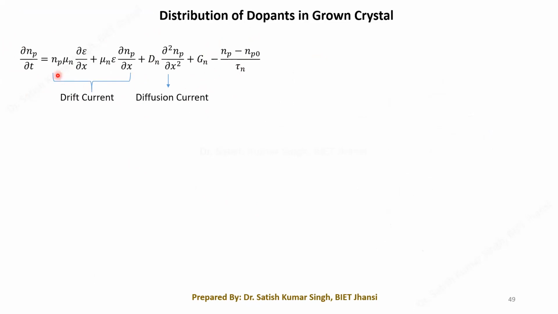So this type of equation you are going to get. This portion you will be getting from the drift current, and this you will be getting from the diffusion current. Okay, so these are the different portions that you will get. Okay, so now what we can do is, we can write a similar equation.